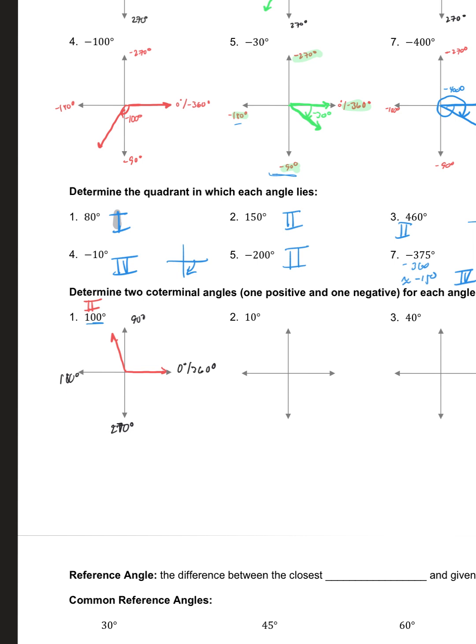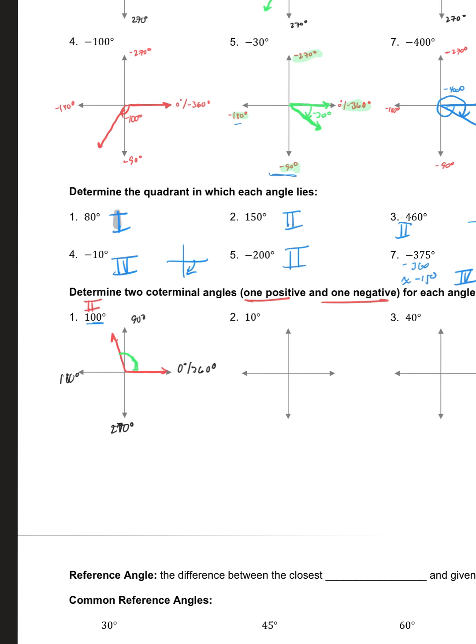Okay, so I need two angles, a positive and a negative of this one. The first one I'm going to do is a positive one. I'm going to start here. Remember the definitions: they share an initial and a terminal side. So I'm going to start here for both of them and end here for both of them. I can't start here and stop here, because that's the actual angle. I need another one.